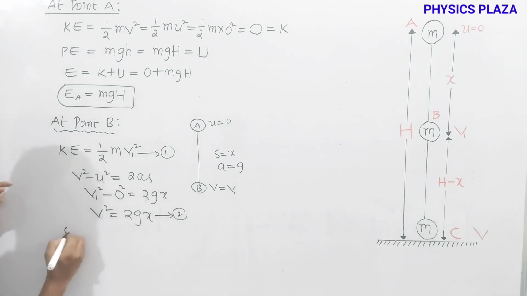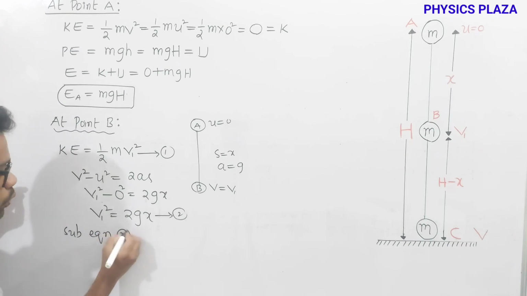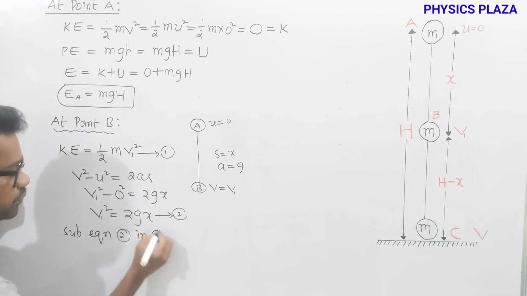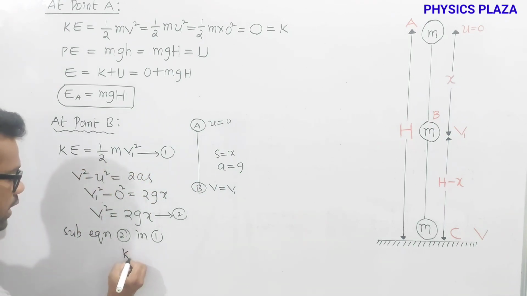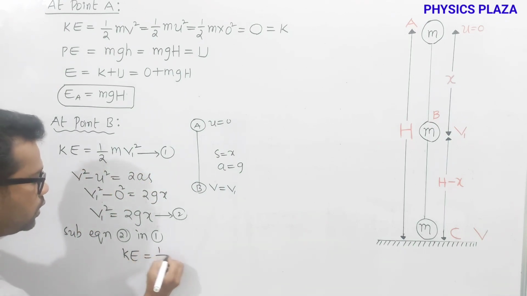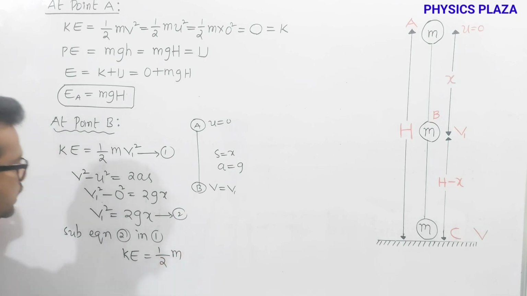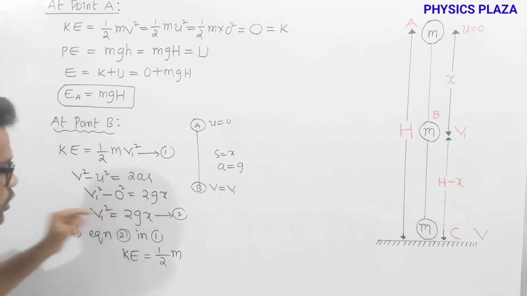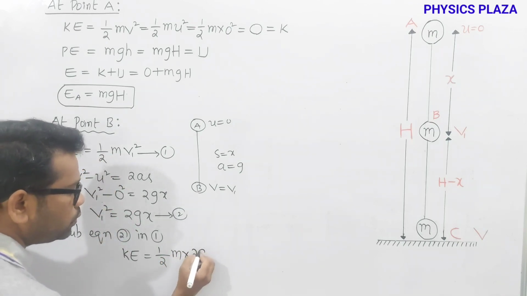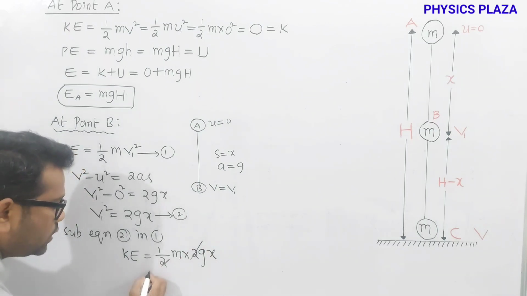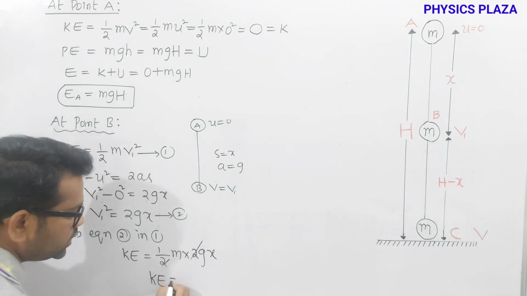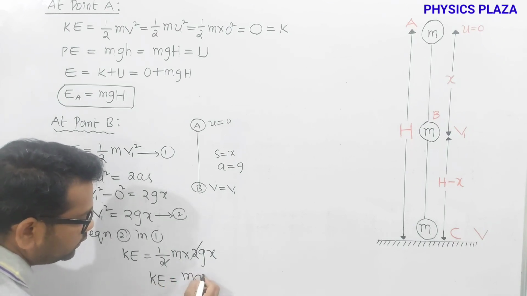Now, children, let us substitute equation 2 in equation 1. Kinetic energy is equal to half m, and in place of v1 square, we write 2gx. So the half cancels, and the kinetic energy is equal to mgx.